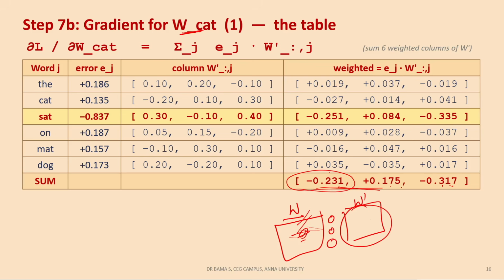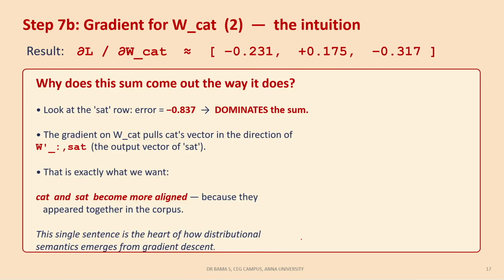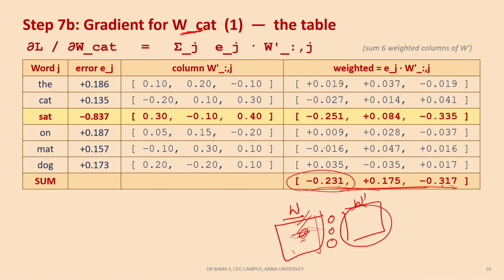So this is going to play a role in updating the weight matrix. Now with these values, we are going to update W. So dou L by dou cat is 0.231, 0.175 and minus 0.317. Why does this sum come? Because look at minus 0.317, this actually dominates the sum.